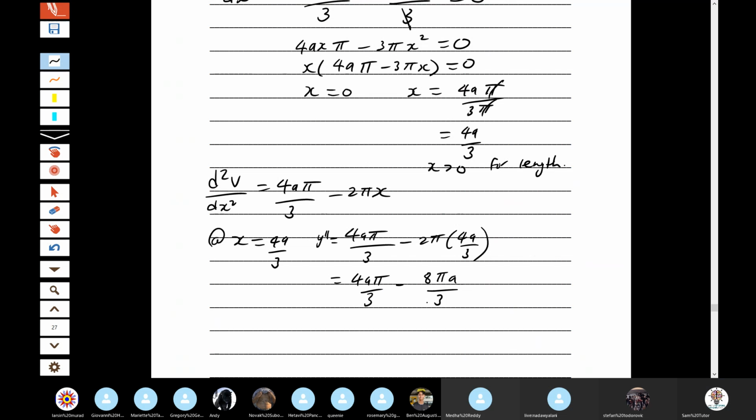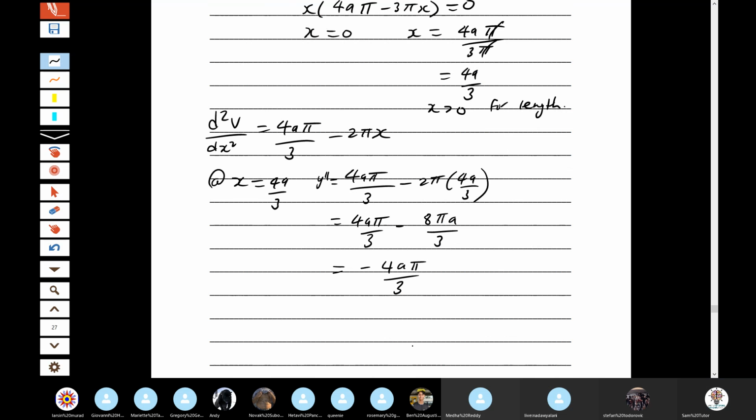It should be negative 4 on 3. Equals negative 4a pi on 3.